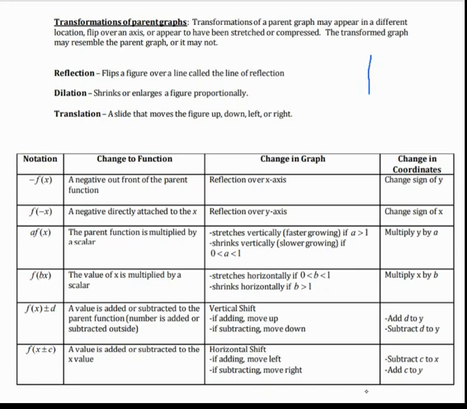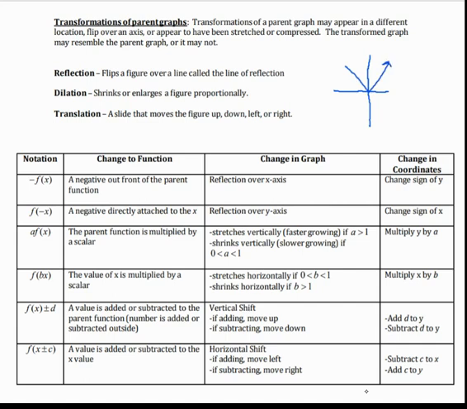So for example, if I originally had a graph that looked like this, by putting a negative out front, I will now look like that. I am flipping the graph over the x-axis. So that's our first example.